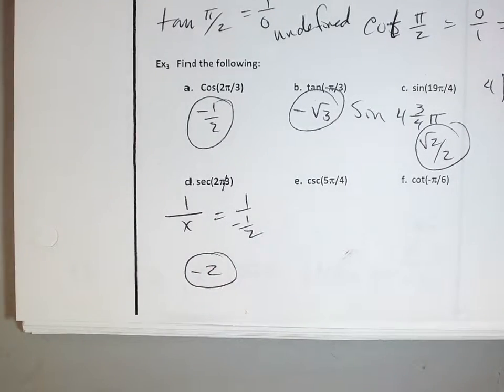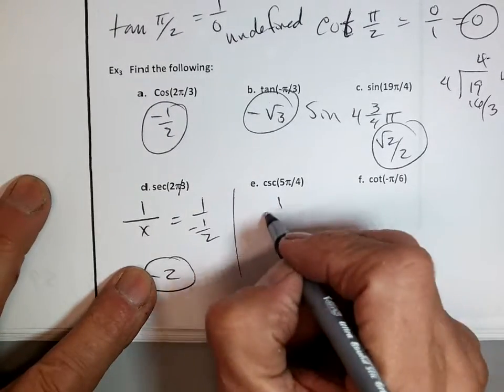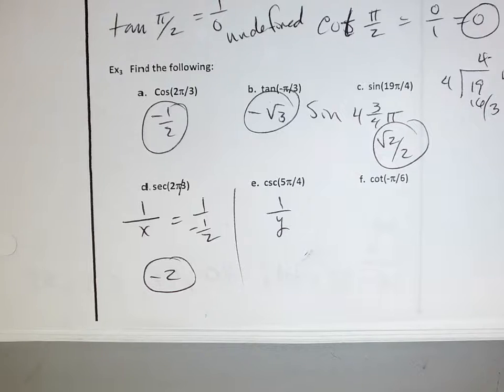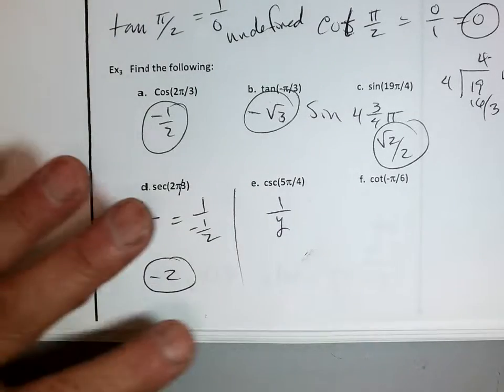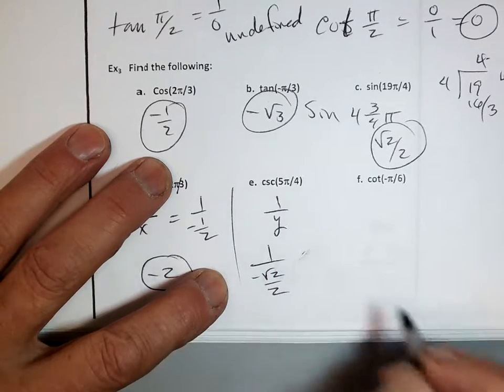Pretty easy? Okay. Cosecant, 5 pi fourths. Let's see, that's 1 over the y value, right? So 5 pi fourths is here, right? 1 over the y value, okay? So I got 1 over a negative square root of 2 over 2.